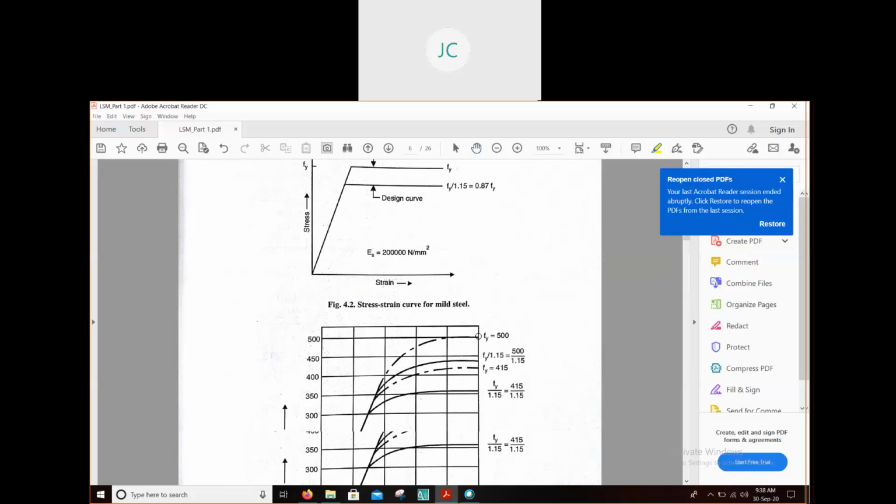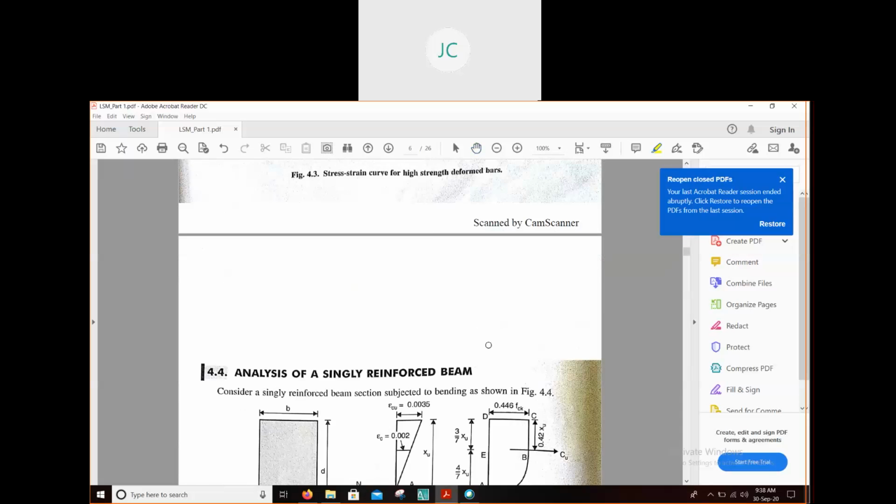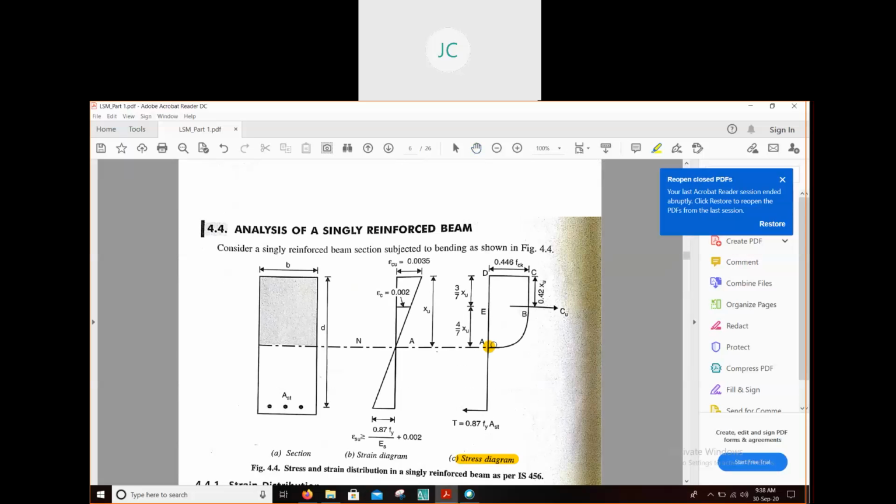Okay, so see, this diagram is known as I have told you just now, this is the stress diagram. I was explaining about the stress diagram. After reaching this point, we get the straight line portion.